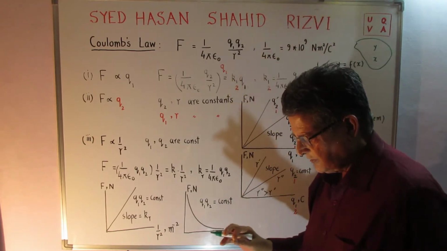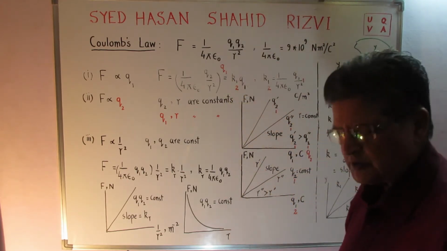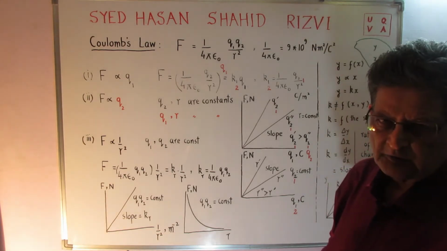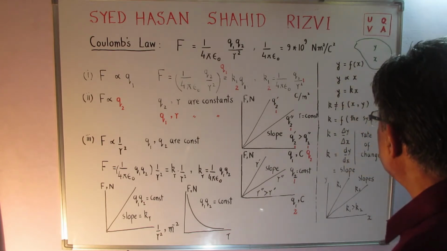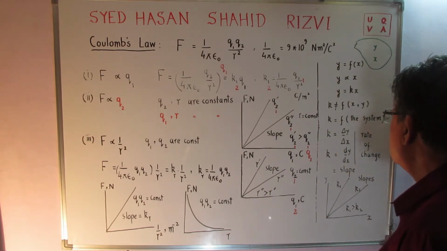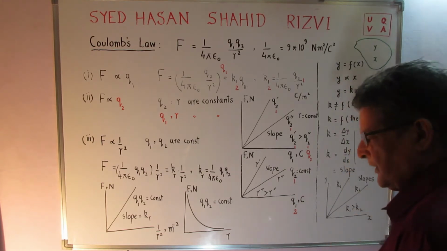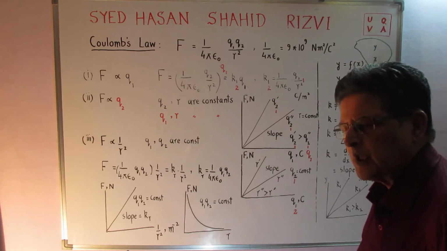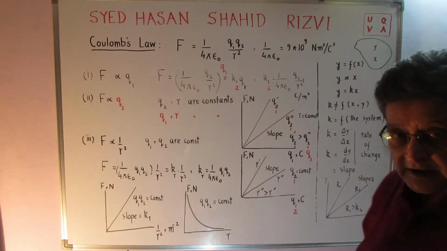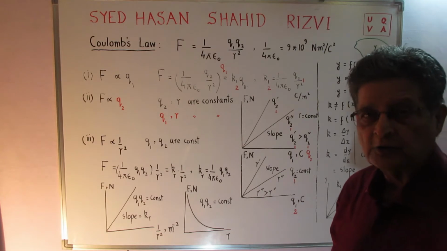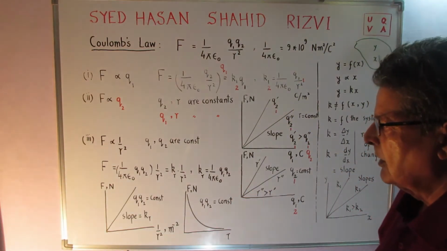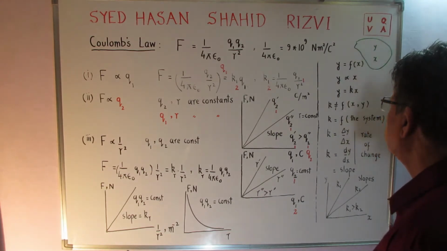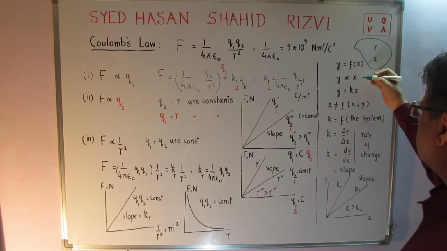So in this isolated system I said let y be a function of x, and so x be a function of y, no problem. One of the simplest things that occurs is that y is proportional to x, also called directly proportional to x. But I tell you that there is only one proportionality here, and that is direct proportionality. So y is proportional to x.